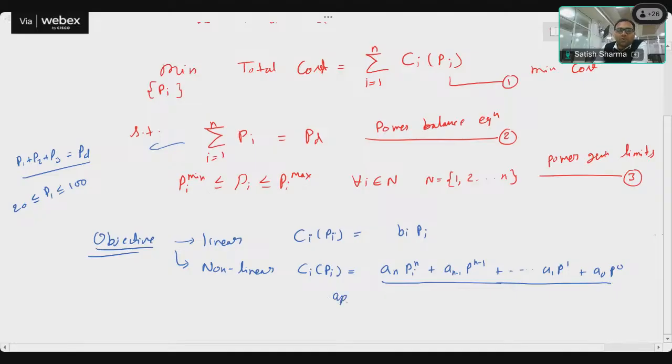Approximately we can say that it is generally a P square plus b P plus c, and we can call it a quadratic cost function.